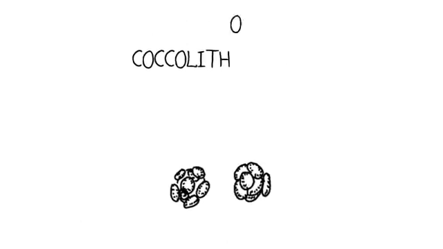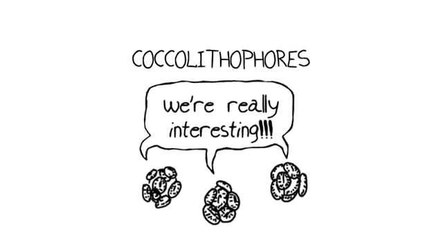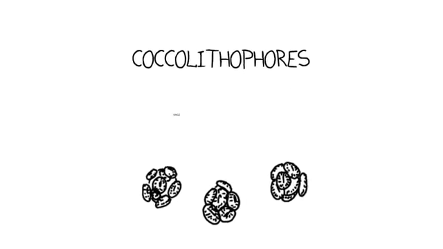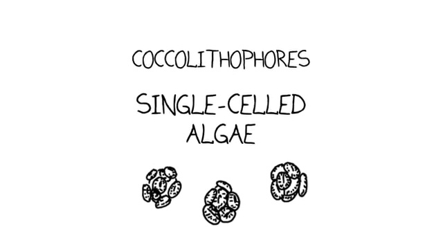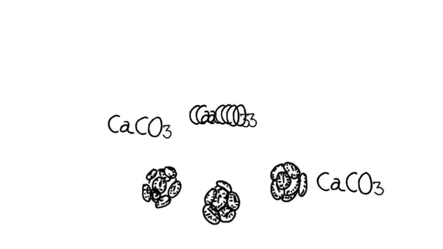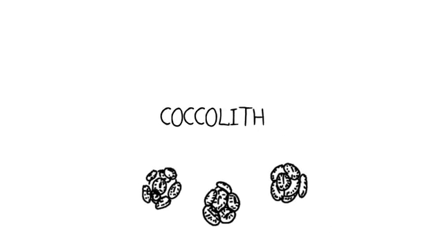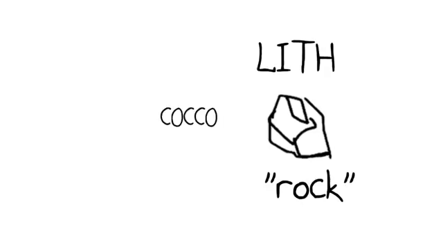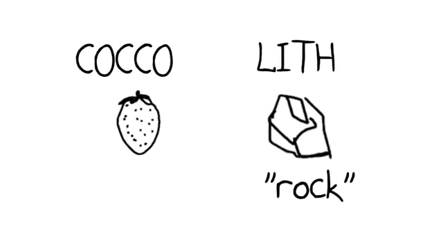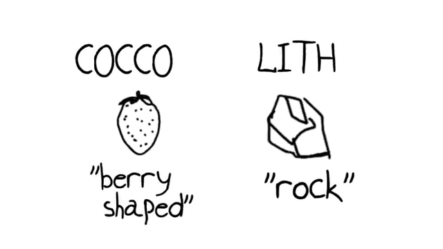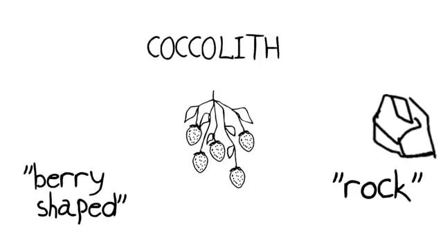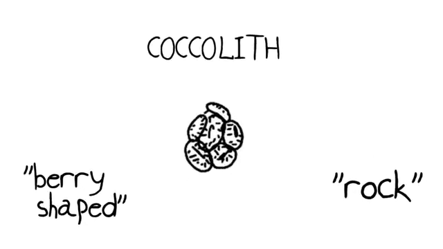Now, coccolithophores are really interesting, somewhat mysterious, single-celled algae that also take up calcium carbonate from the ocean to make a coccolith. Lith means rock, and cocco roughly means berry-shaped. So these organisms are shaped like tiny fruit, but with a rocky covering.